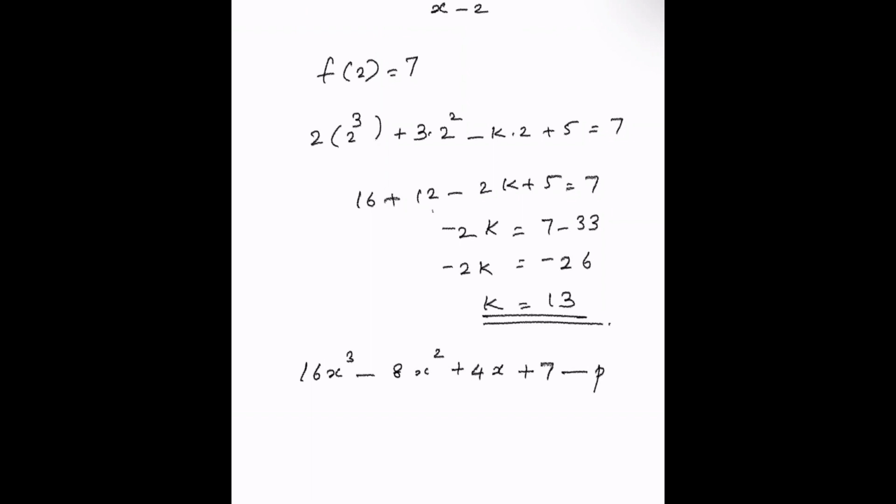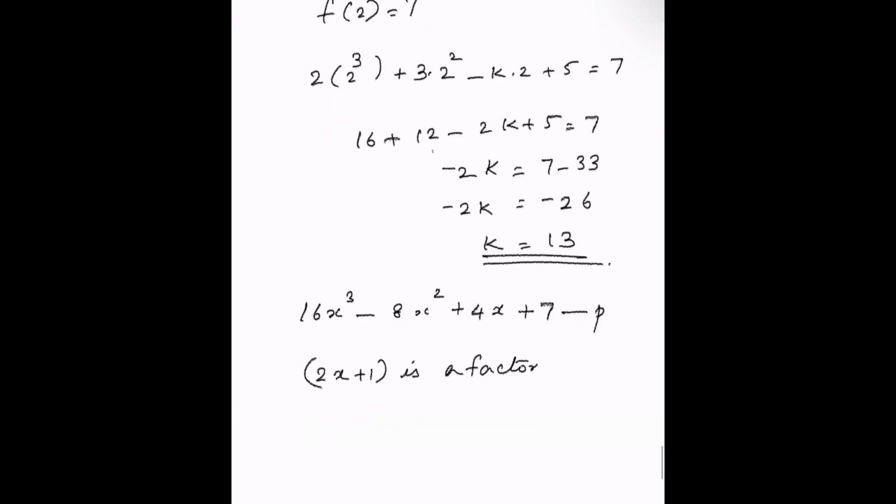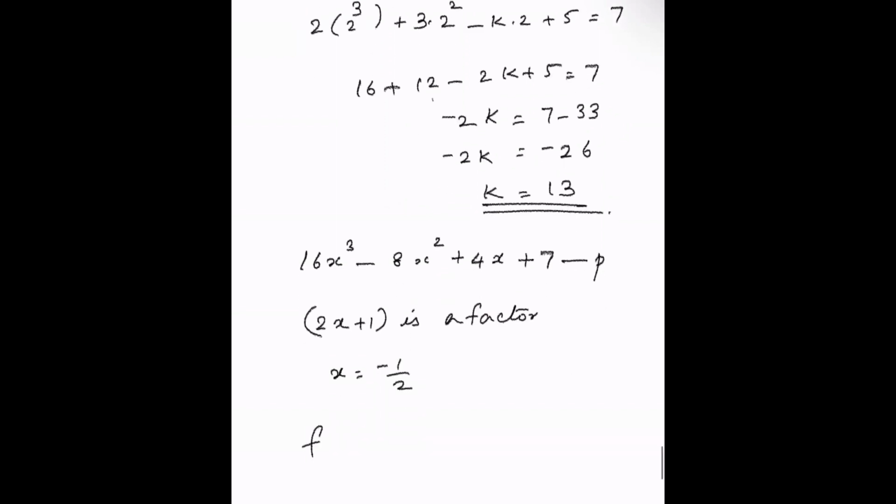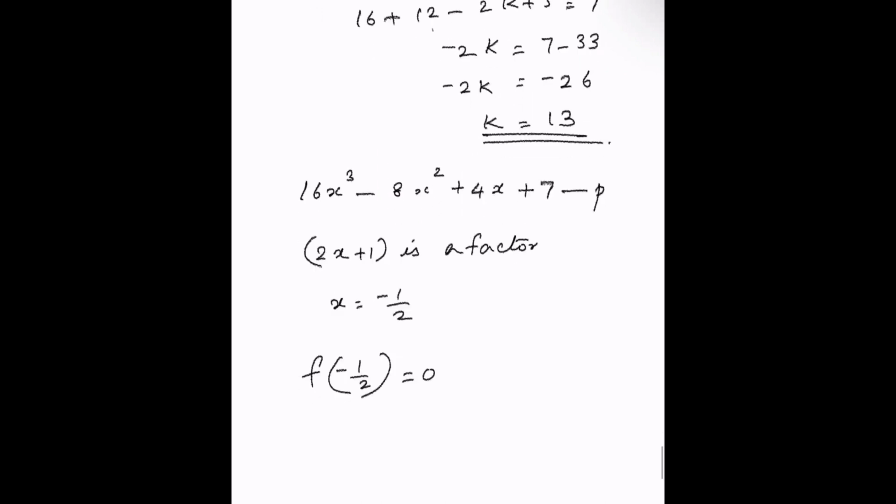So you need to subtract some value, minus p. 2x plus 1 is a factor implies what? x would be negative 1 by 2. So here you put f of negative 1 by 2, that should be 0, right? So put that in the given polynomial.